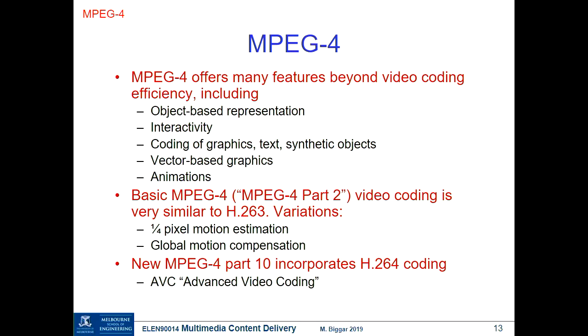Vector-based graphics, as well as images and animations, all these sorts of things. MPEG-4 was really a very broad tool set for multimedia applications, and in fact the video part was relatively insignificant.